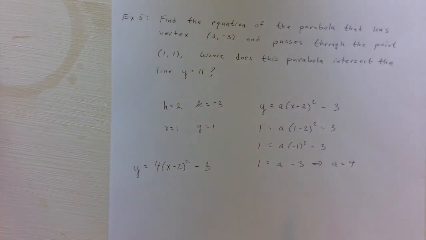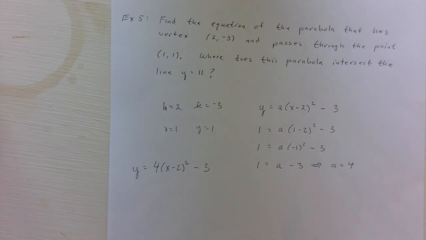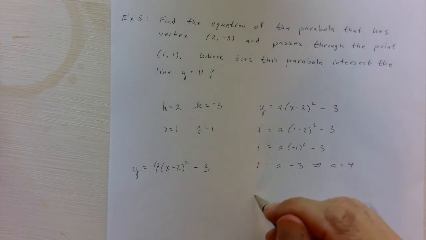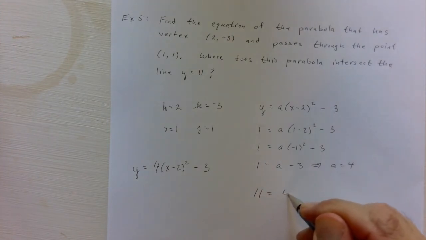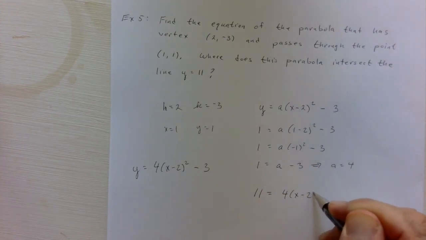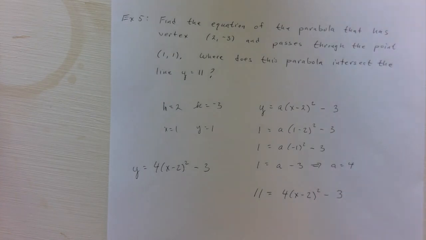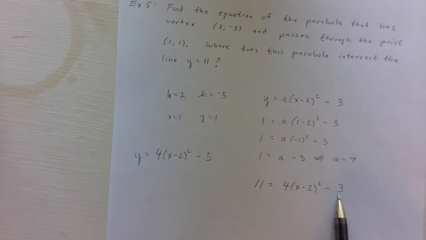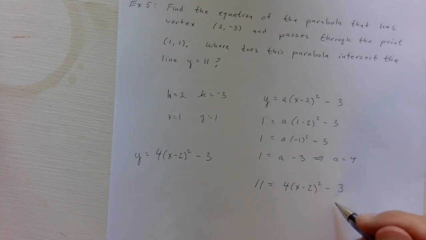The other part asks, where would this parabola intersect the line y equals 11? We can set y equal to 11 in this expression and solve for x. We'll take care of this 3 first: add 3 to both sides.